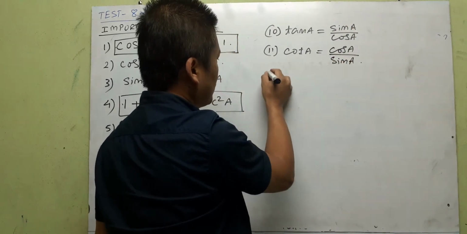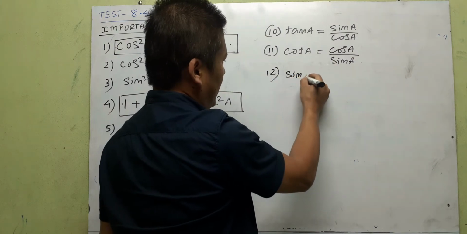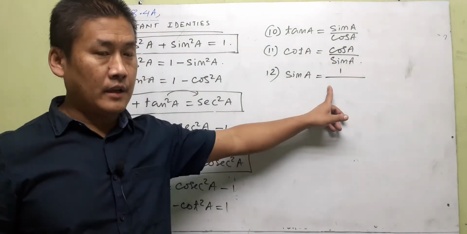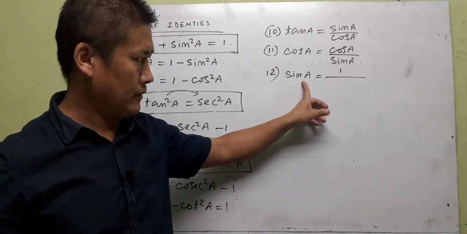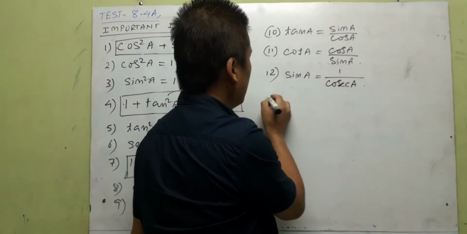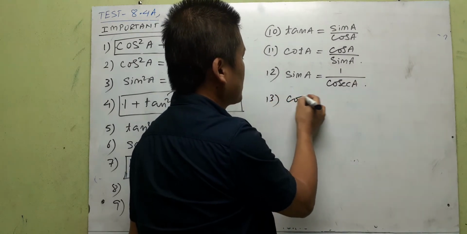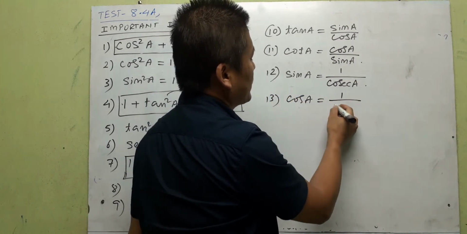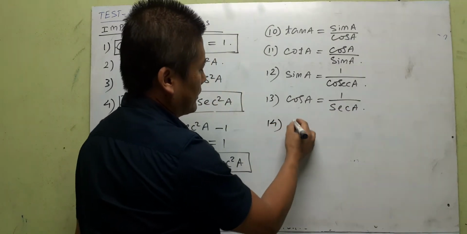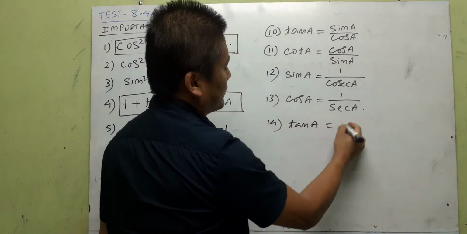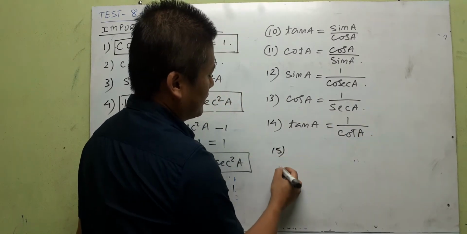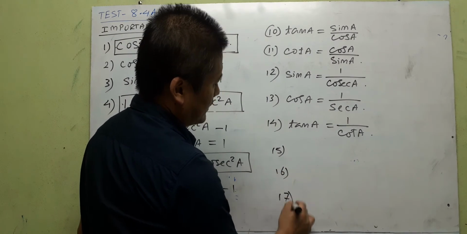Then the next 12th one is sin A is equal to the reciprocal of... the reciprocal of sin A, the ratio we did in the first class, is cosec. So we write here 1 by cosec A. The 13th one is cos A. And we know the reciprocal of cos is sec, so 1 by sec A. 14 is tan A. Reciprocal of tan is cot, so 1 by cot A. 15, 16, 17 should be very simple.